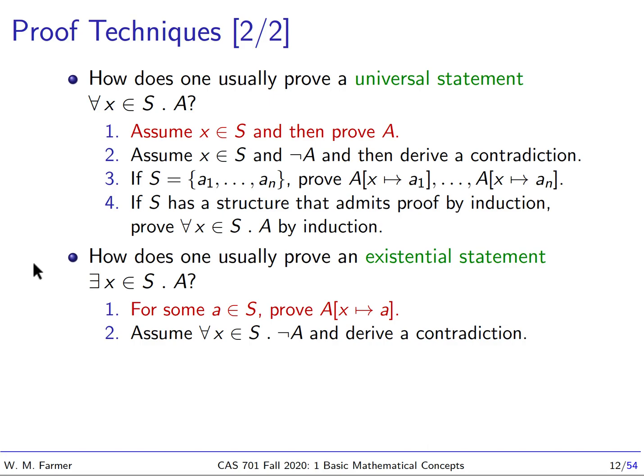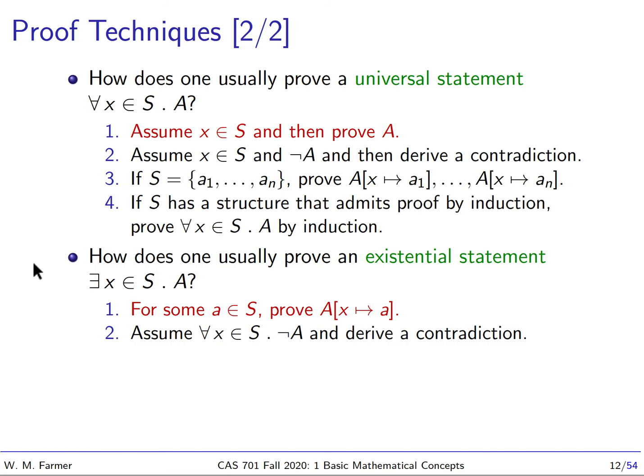Another approach that's sometimes useful is we assume X is in S, and we also assume the negation of A, then we try to derive a contradiction. So this means that if we have a member of S, it's not possible for A to be false, because if we assume A is false, then we can derive a contradiction.